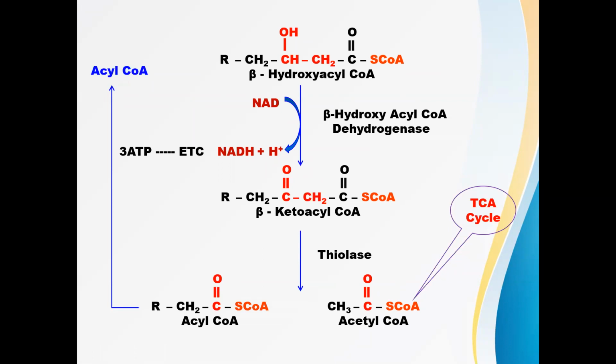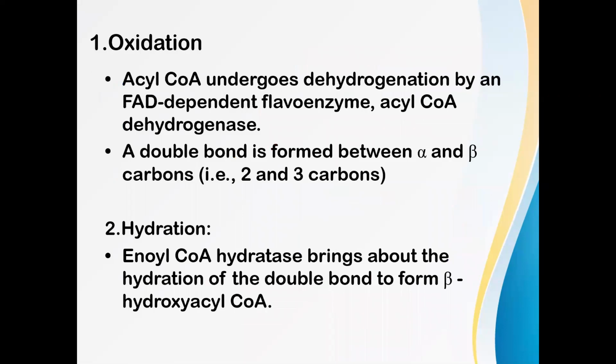First is oxidation, then hydration, then again oxidation, and the last reaction is cleavage. The acyl CoA formed with 2 carbon atoms less again re-enters the cycle until the complete oxidation of the fatty acid.